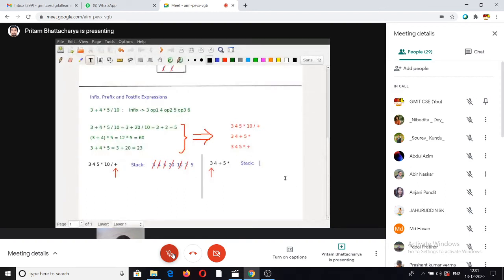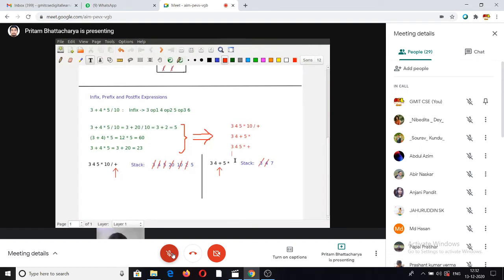Initially you see two operands, 3 and 4. You push them in one after another, and then when you encounter your first operator plus, you are going to pop both 3 and 4 and apply plus on them, so you get a 7, and you push the 7 onto the stack.